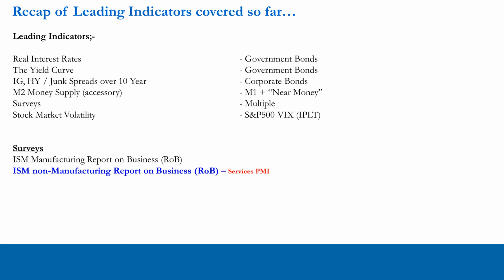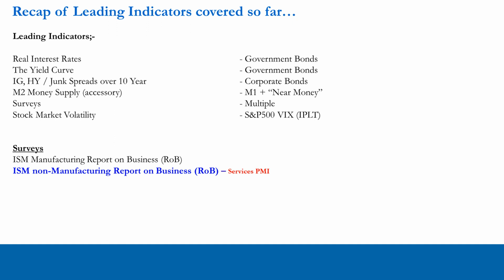We have investment grade, high yield, and junk spreads over the 10-year. That's in the corporate bond market. We have our accessory, the M2 money supply growth, and we have our stock market volatility from the IPLT video series. In our surveys list, we are now adding the ISM non-manufacturing report on business to the survey list, and that is joining the ISM manufacturing report on business.